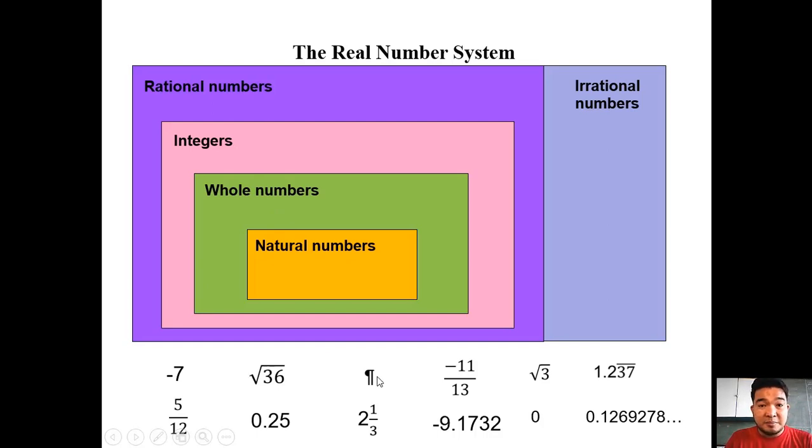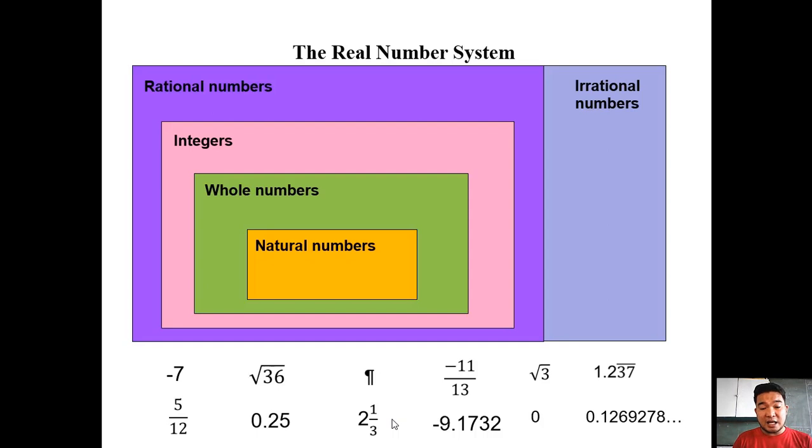Pi is expressed as 3.1416 and so on. So pi is non-terminating and non-repeating, so pi is an example of an irrational number. How about 2 and 1/3? 2 and 1/3 can be expressed as 7 over 3. So that means that 2 and 1/3 is a rational number.